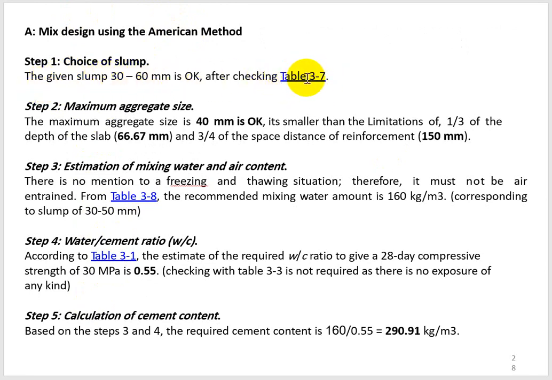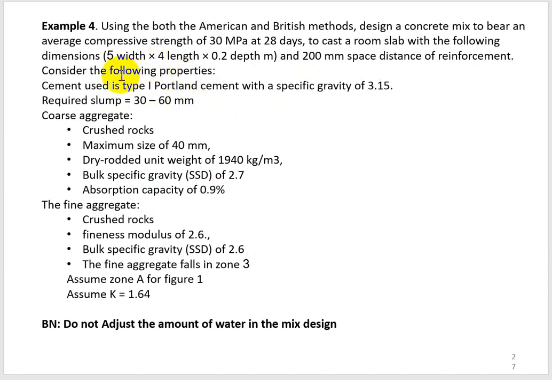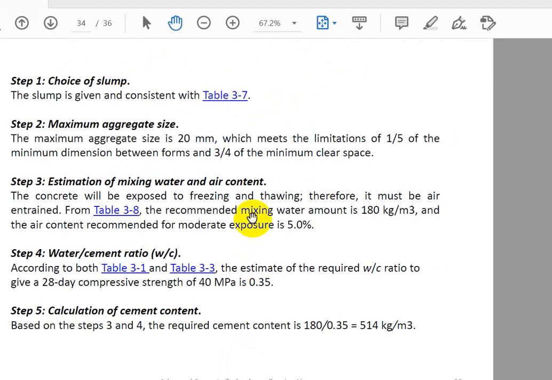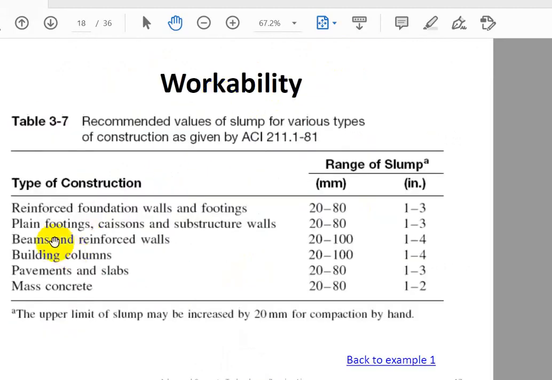If we go and check table 3.7, because here we have the slab, and in terms of the slab, so we have structural walls, footings, pavement and slab is 20, so it falls between 20 to 80, and the one we have in the example is 30 to 60, so that falls within the recommended range of slump, and that should be okay.